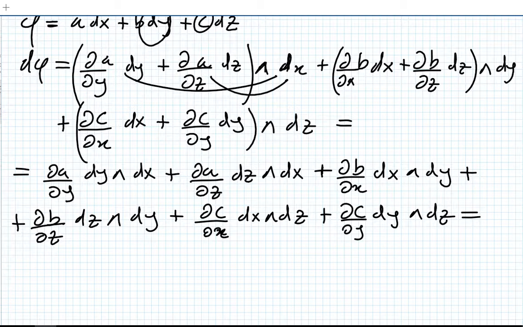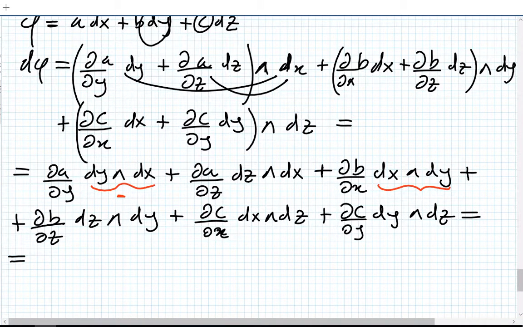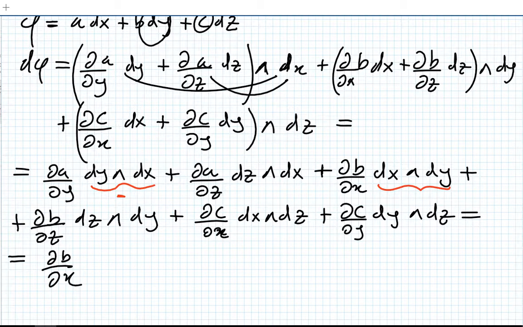Now we have a couple of things that we can put together. dx wedge dy here, and we also have a dx dy, but since this is in the other direction, we will put a minus. So the first one will be dB/dx from here. Do not forget that dy wedge dx is the same as minus dx wedge dy.